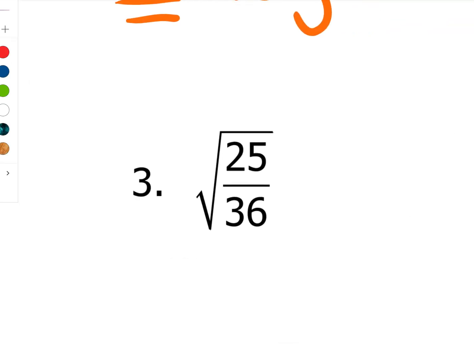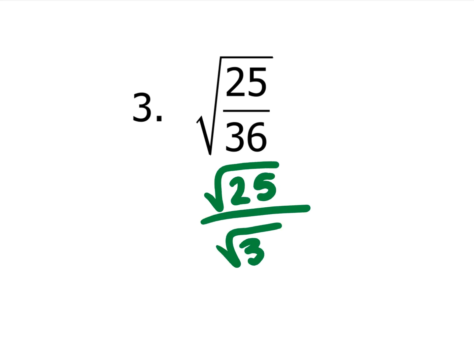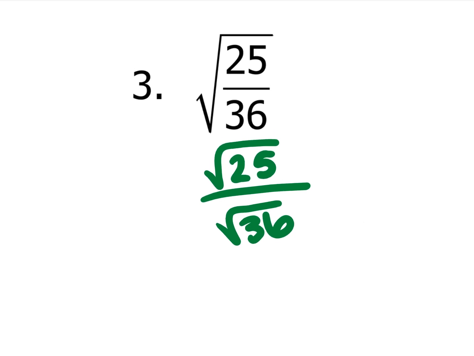Number 3. On number 3, we have a fraction, and we haven't seen one like this yet. When you have a fraction and you have a square root, you're allowed to break up your square root so that it's on the top and the bottom. So I'm going to write it like this: square root 25 over square root 36. The reason I did that is because I know that I can take the square root of both of those.